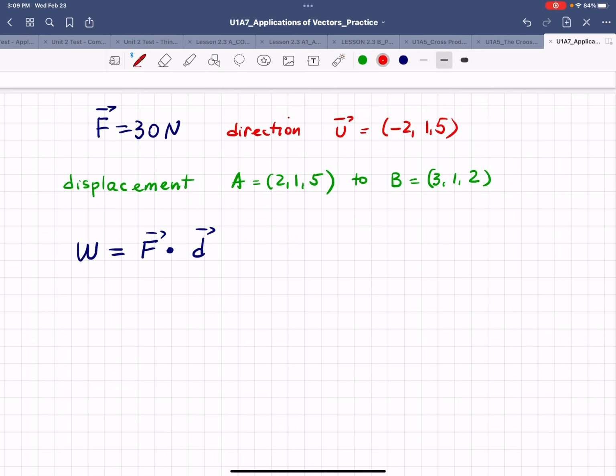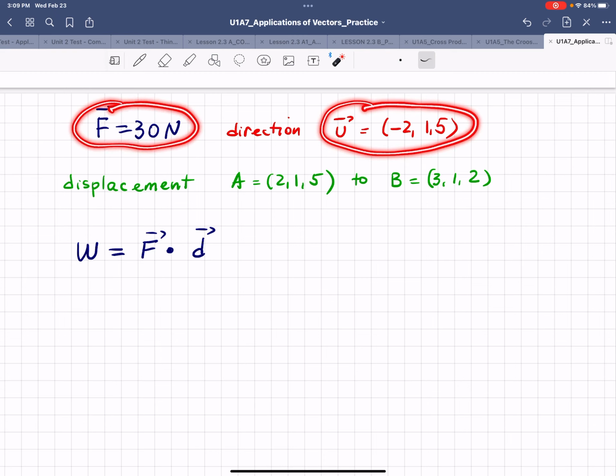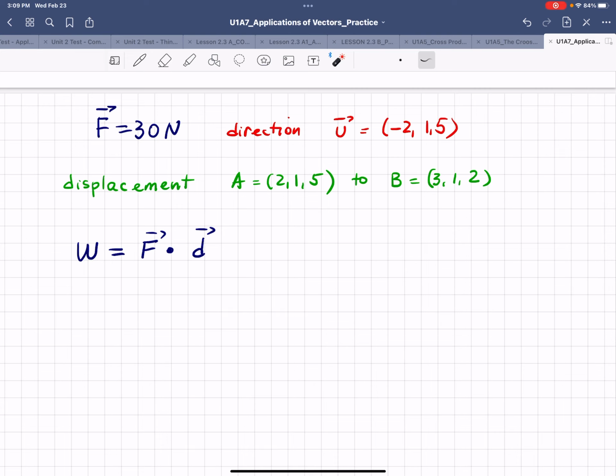Recall that here we are in 3D, and if you want to define the direction of a vector in 3D, we have to use the three angles that the vector makes with the respective axes. In other words, we use what we call the direction cosines. The direction cosines for vector u and vector f, since they are going in the same direction, will be the same.